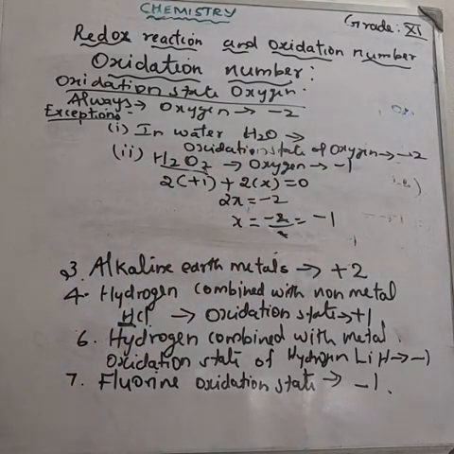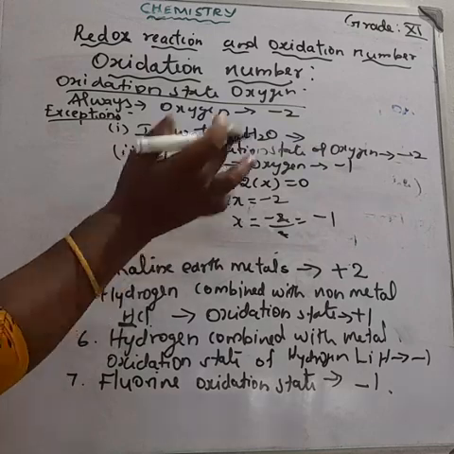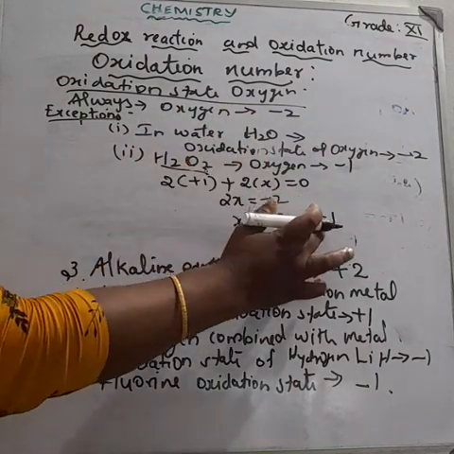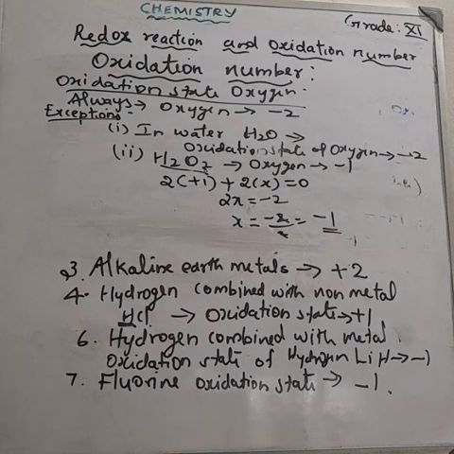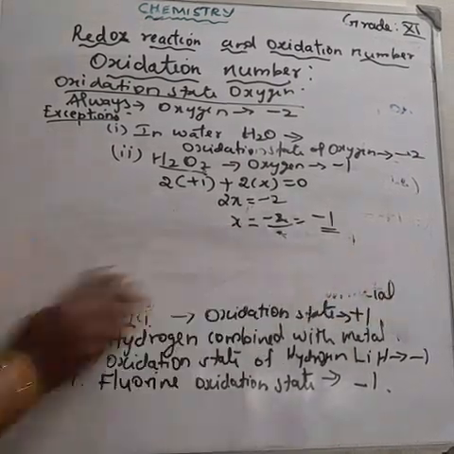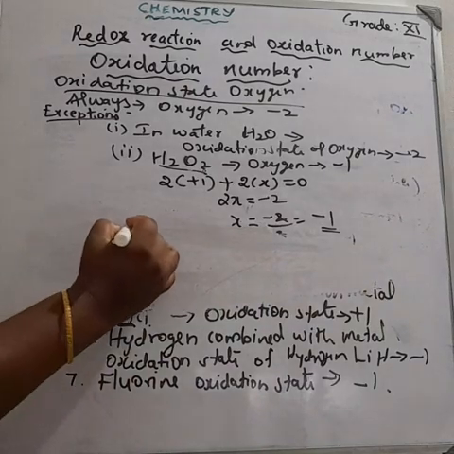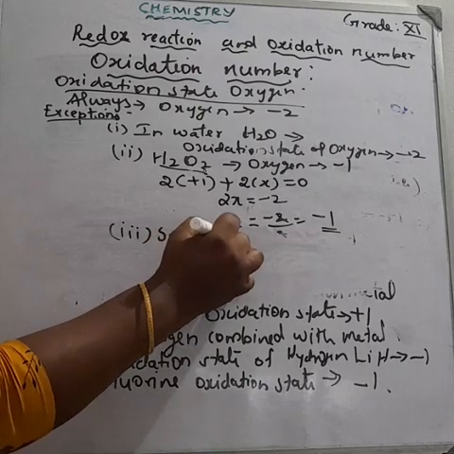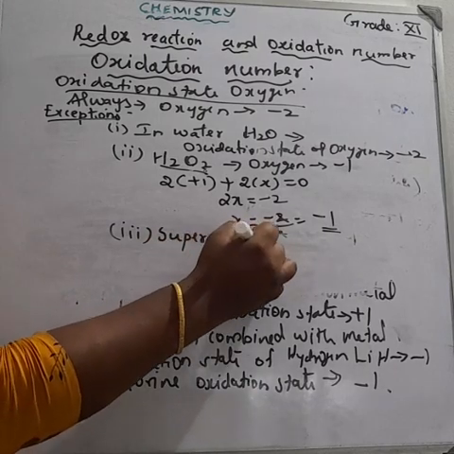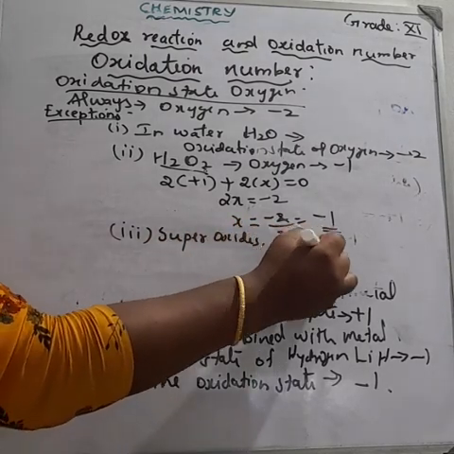So in the case of hydrogen peroxide, the oxidation state of oxygen is -1. Understood? And the next one of the exceptions, the third exception, is superoxides. What are the superoxides? Potassium superoxide is one of the superoxides. Important for the 1 mark question: which one is the superoxide?